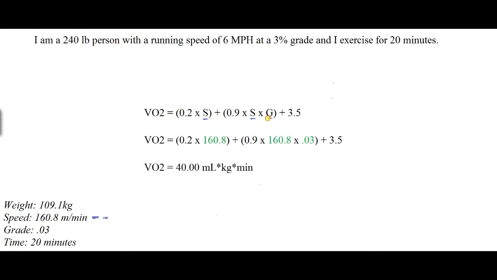And then we've got our grade, which we find right here. If we look down a ways, we will see we've just plugged in 160.8 for the speed again, and then the grade of 0.03. And the 0.03 does not have a unit because it is a fractional grade. That's all you need to know.